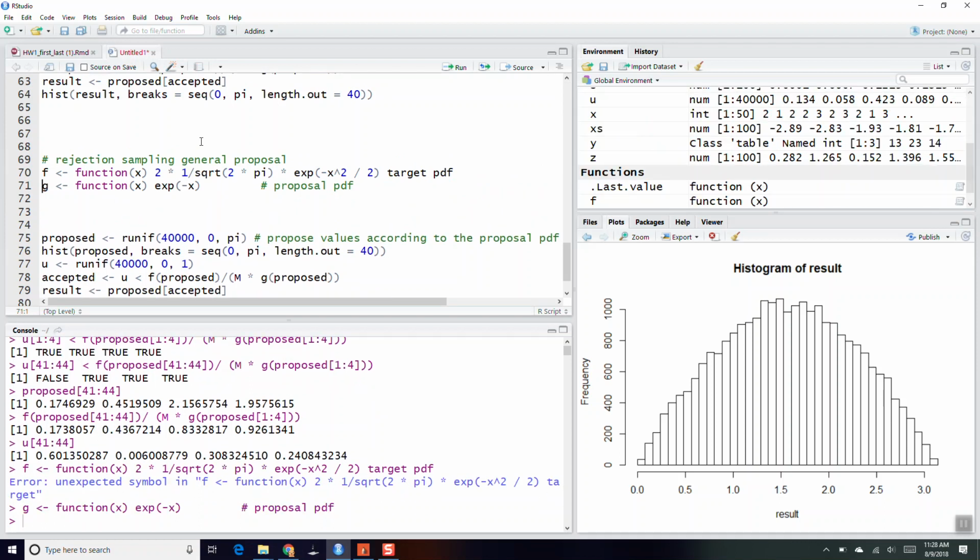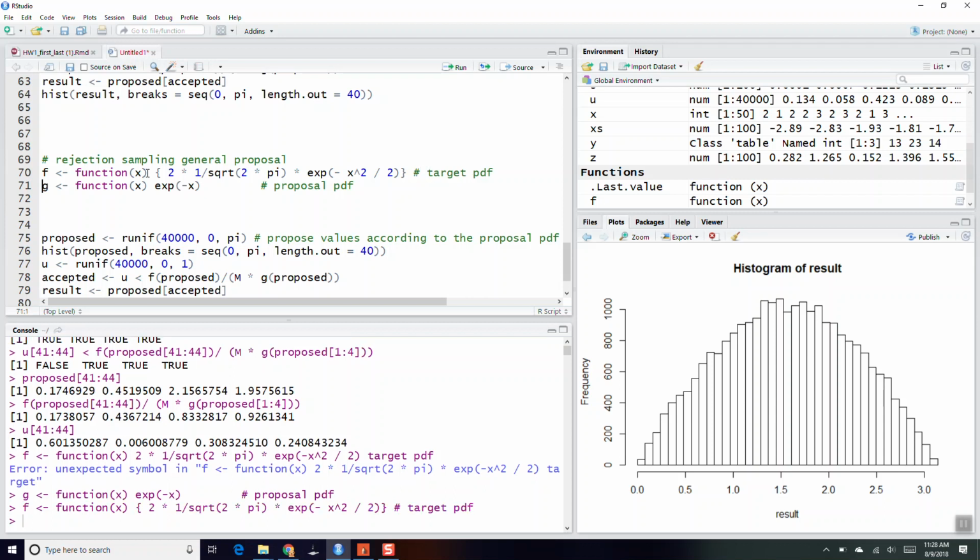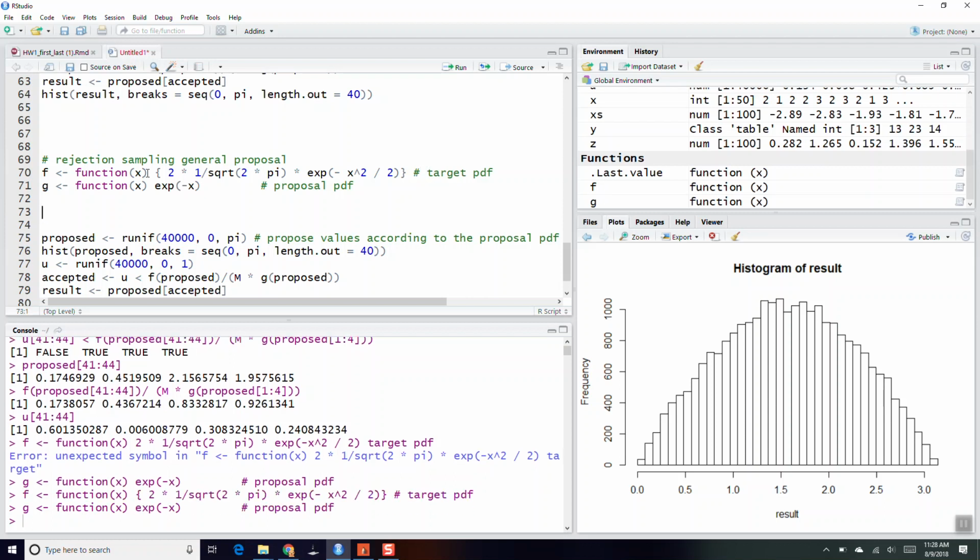Oops. Unexpected symbol f of x. Two times 1 over the square root of 2 pi times exp of negative x squared. Huh? Oh, because I didn't comment that out. Thank you. I'm like, what's going on here? Okay.